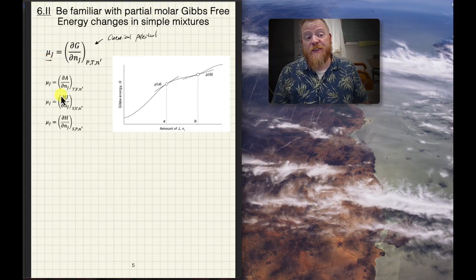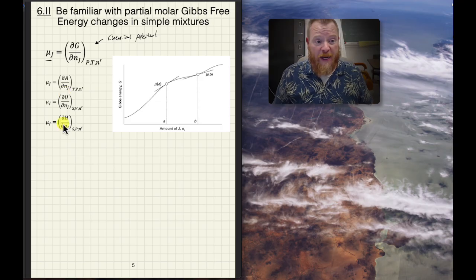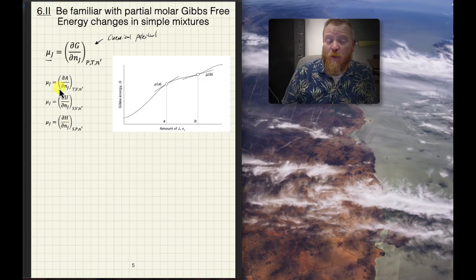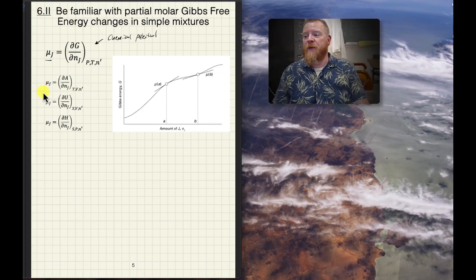Well, we could also do the same thing for our other thermodynamic potentials as long as we're holding their respective natural variables constant, right? So for example, Helmholtz has constant temperature and constant volume. If we make that condition with holding all the other species constant, then we can also note that is chemical potential.